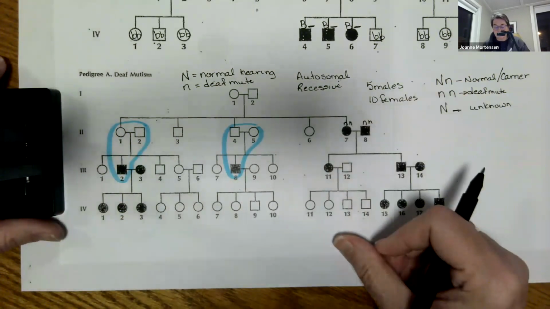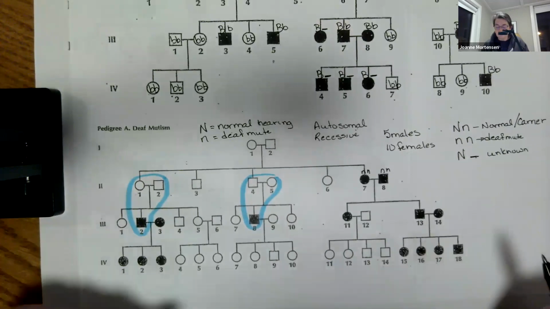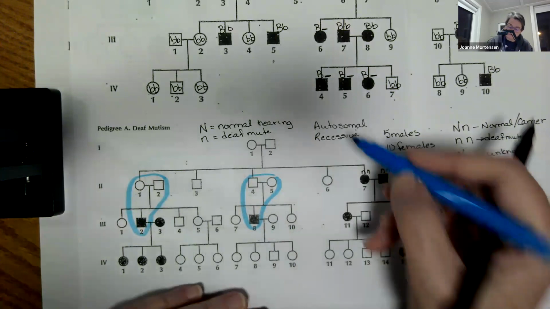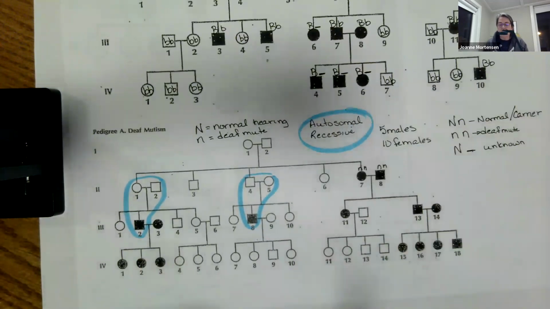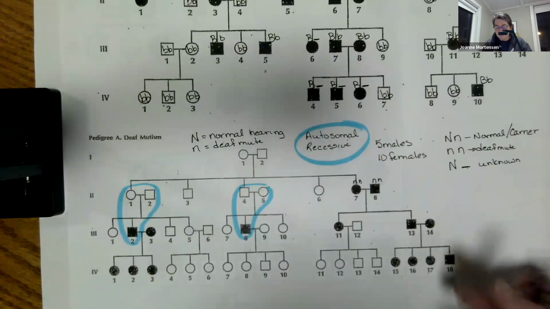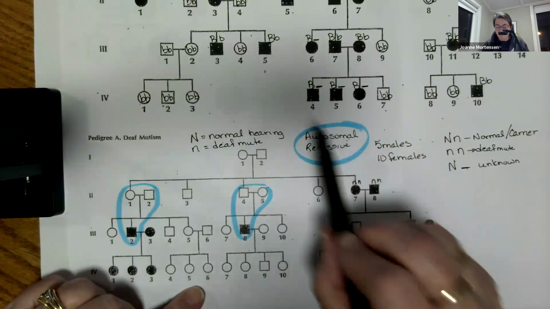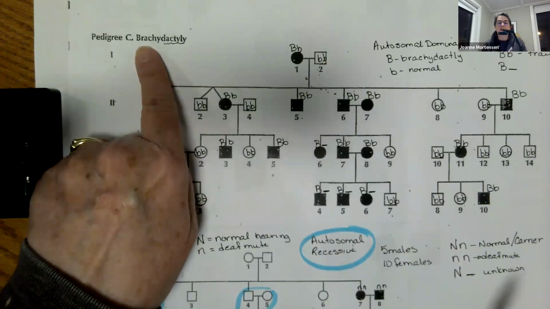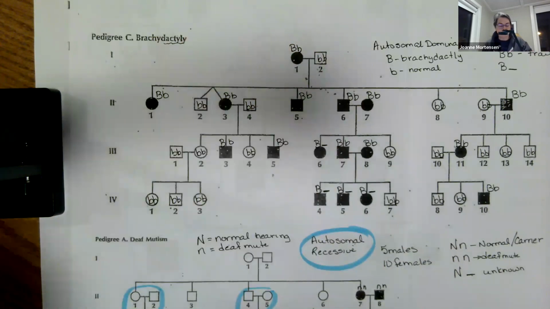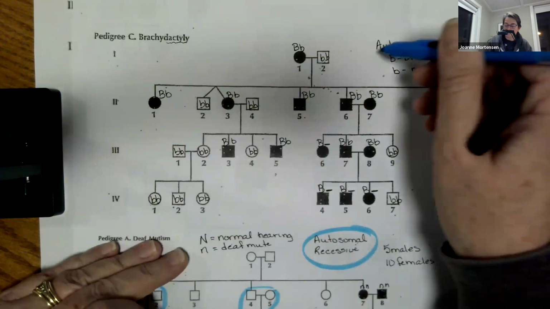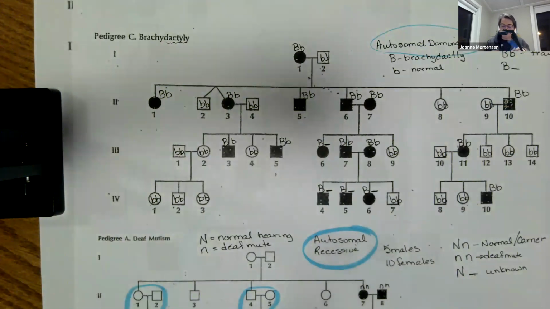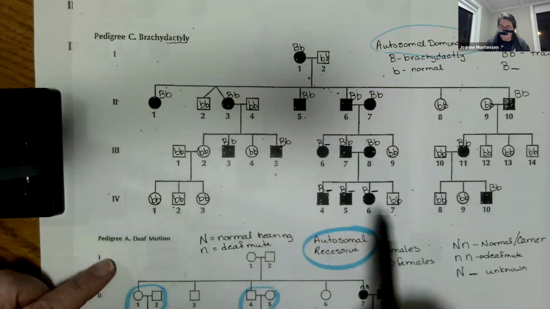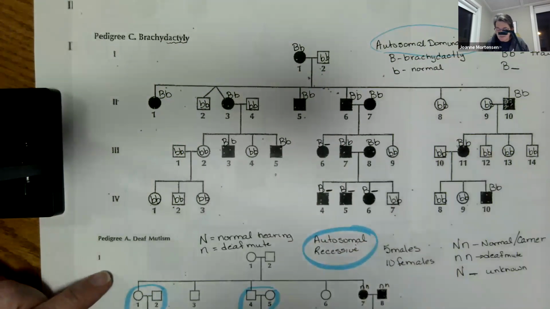And before we go further, I just want to show that this part here, where we figure out what the pattern is, really determines how our letters are going to work. Because on brachydactyly, where it was an autosomal dominant trait, we were able to go in and it was all the uncolored ones that didn't have the trait that we could put in right away.